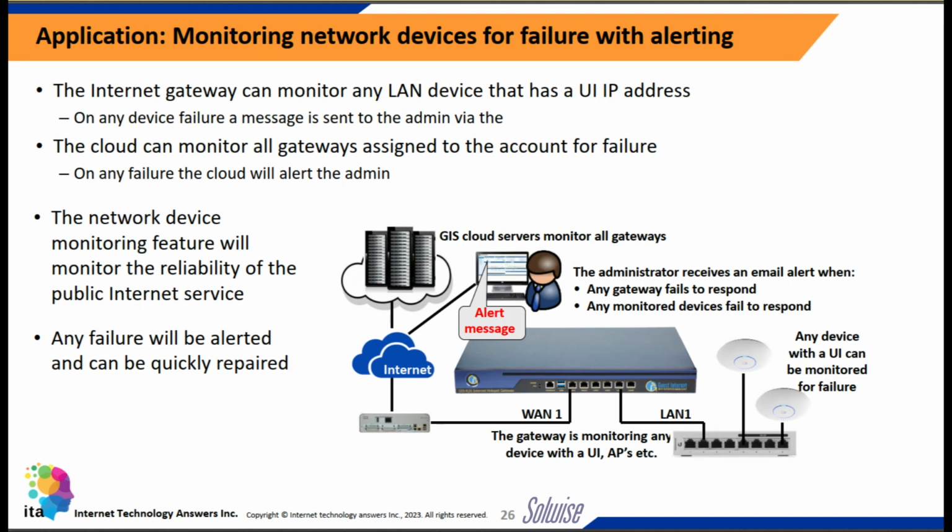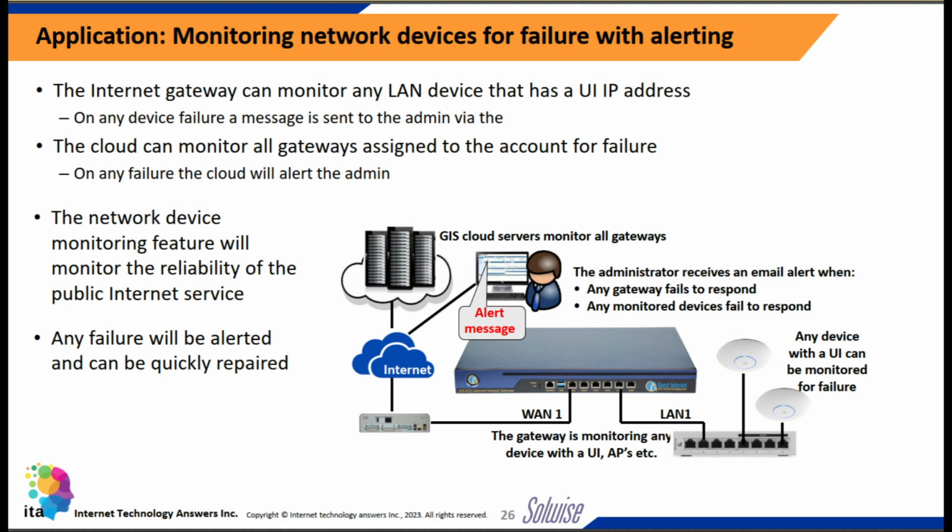Monitoring devices for failure. I mentioned the ability to monitor devices. If a wireless access point fails, you don't know it just failed. All you know is that your computer's maybe getting slow connecting. The internet connection is slow, and the reason is because one device fails, your computer switches over to another wireless access point further away, more people connecting to the wireless access point.